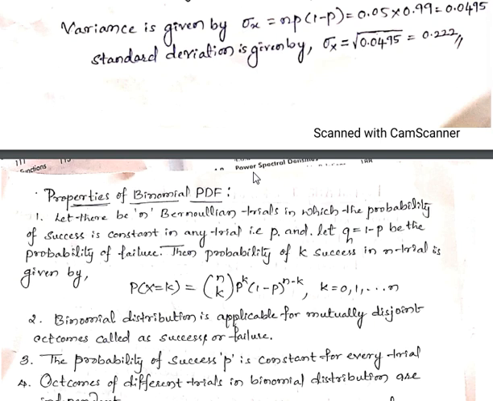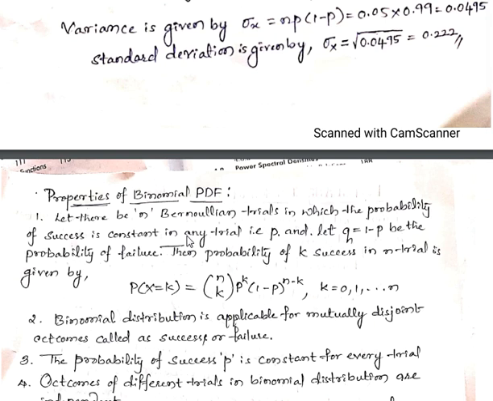Then the probability of k successes in n trials is given by P_X(k), which is nCk p^k (1 minus p) raised to n minus k, where k can take the values 0, 1, and so on. This means the binomial distribution can be used for Bernoulli's trials. Bernoulli's trials mean mutually independent events.